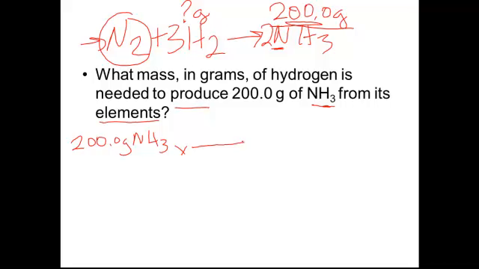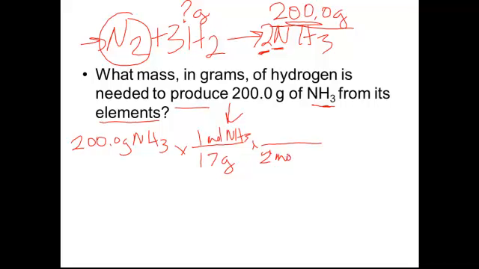We always have to start with a number, 200 grams of NH3. When we have grams of NH3, the only thing we can convert to is moles. So NH3 has a molar mass of 17 grams per mole. And then from our balanced equation, we see that there's a 2 in front.